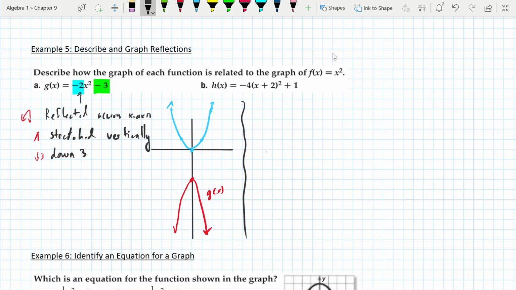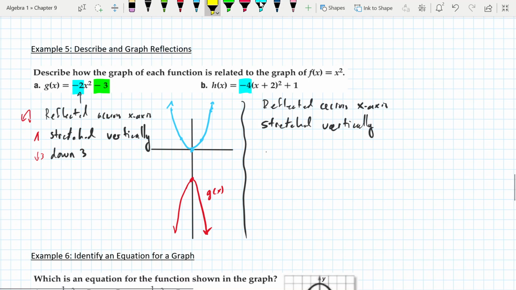All right, for part B, let's take a look here. We have a negative 4. Oops, that's supposed to be in blue. I've been highlighting my A's in blue. So that's going to be reflected across the x-axis. It's going to be stretched vertically.